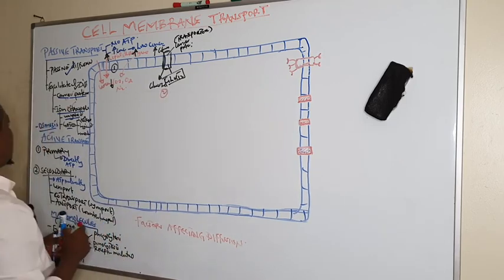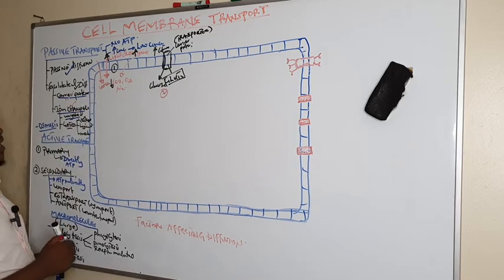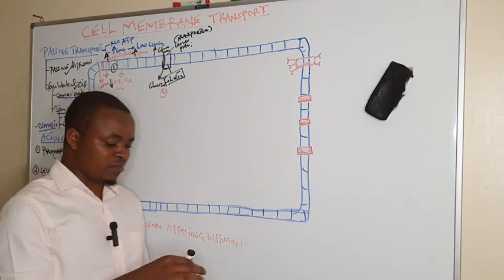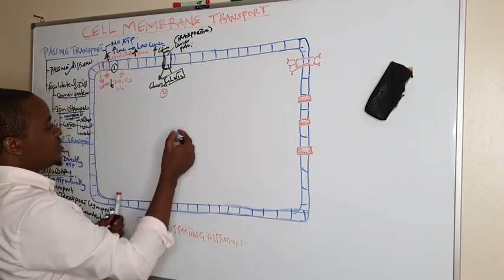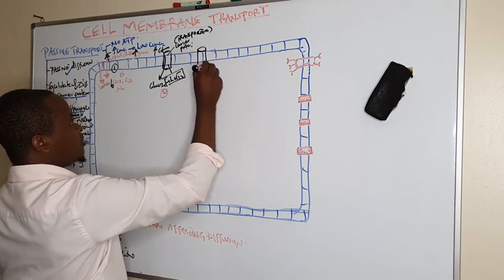Then among the facilitated ones, we also have ion channels. We have said ion channels can either be ungated, whereby you have a channel which has no gate.